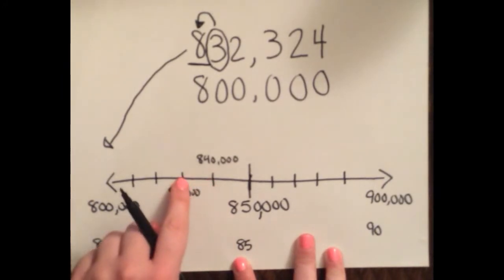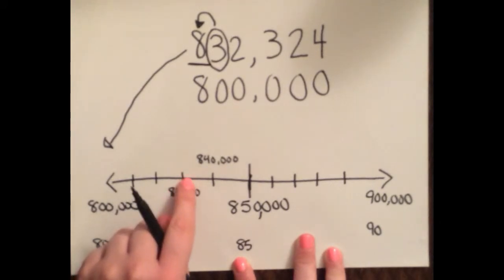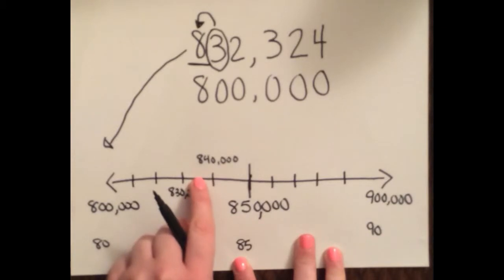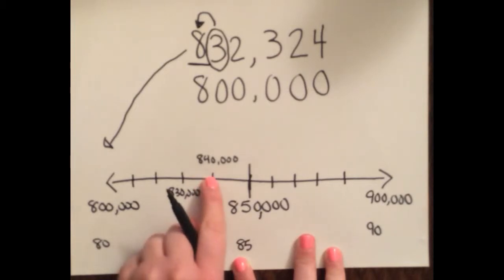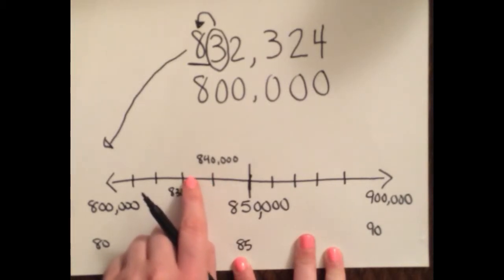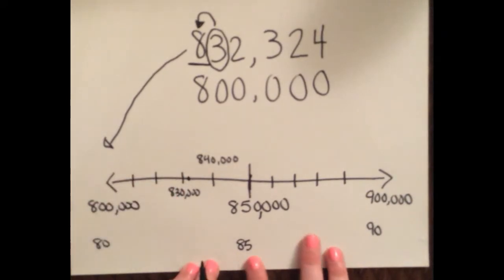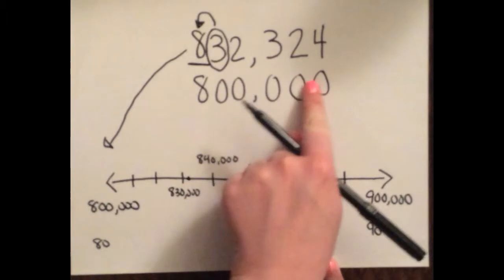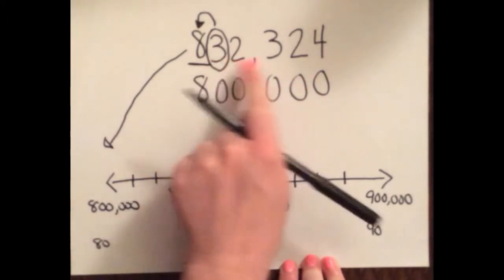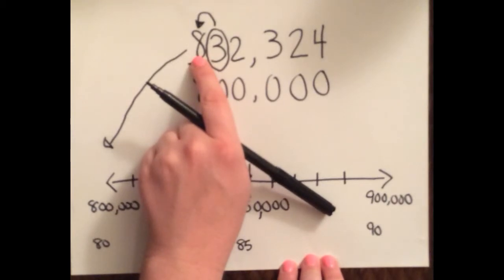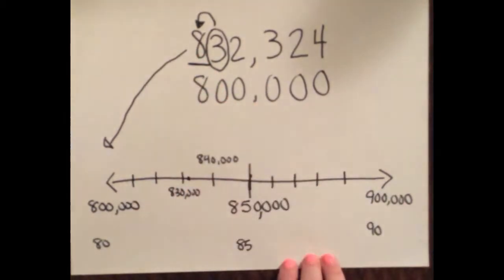Because if I counted 831,000, 832,000, 833,000, and so on up to 840,000, I counted 2 way back here. So 832,000 is about right here. We can see this confirms that 832,324, rounded to the nearest hundred thousands place, is 800,000.